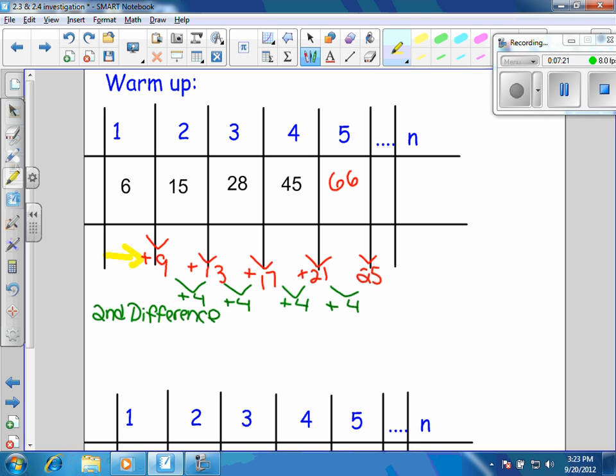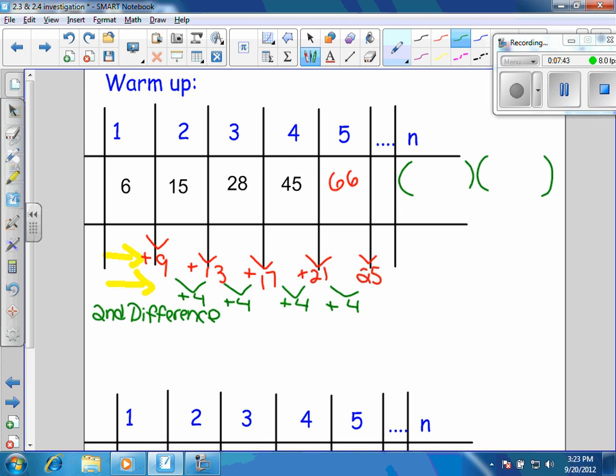If you don't have a common first difference, you look for a common second difference. And then if it's a common second difference, you're going to look for a quadratic. And what you know is that a quadratic could be two things multiplied together. A multiplying pattern. Okay? So watch.